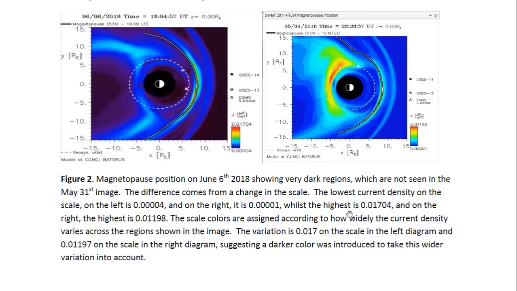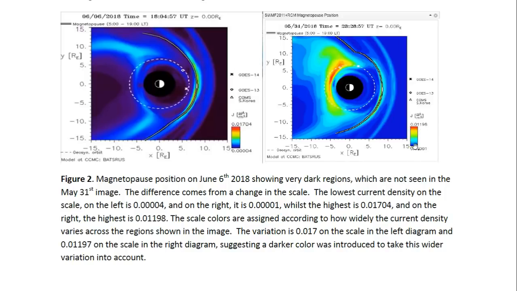Now we can also calculate what the variation in the density is. And we can see that the variation here, we just take this value and subtract that value. So on this side is just 0.017. So we have a variation of 0.017 across the different densities in the region under simulation for this side, the left side image.